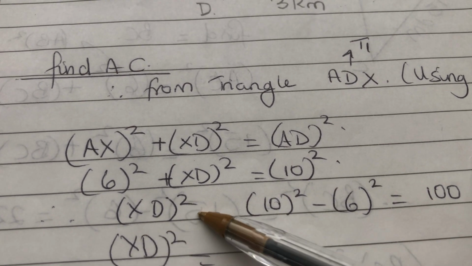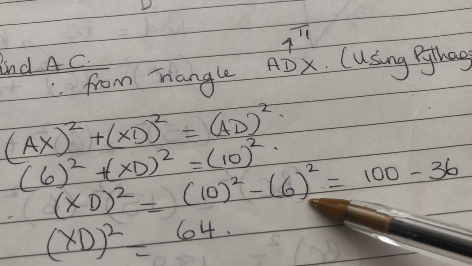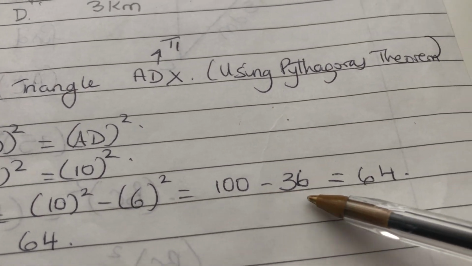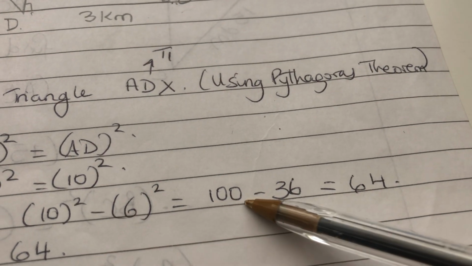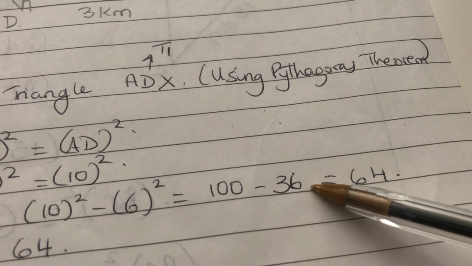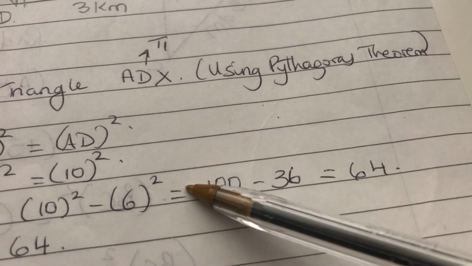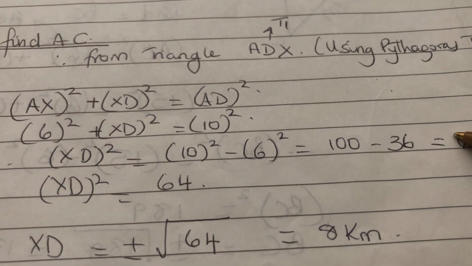So XD all squared will be 10 squared minus 36. 10 squared is 100 minus 36, which is 64.